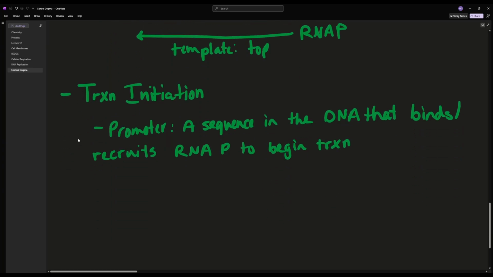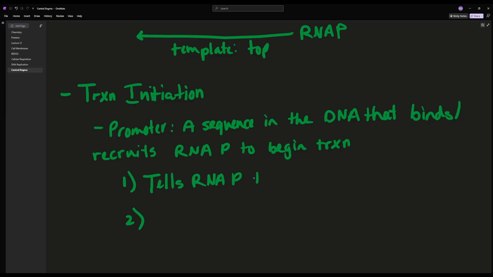Now, because it does this, there are two main things that the promoter does. The first one is it tells RNA polymerase the direction to read the DNA.